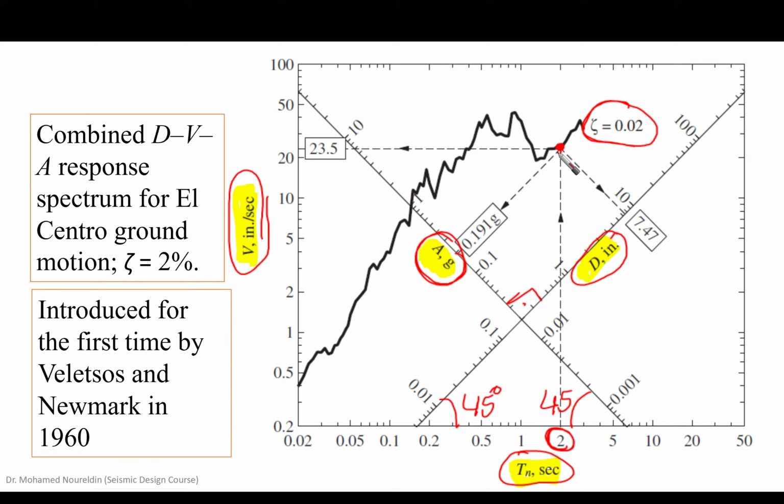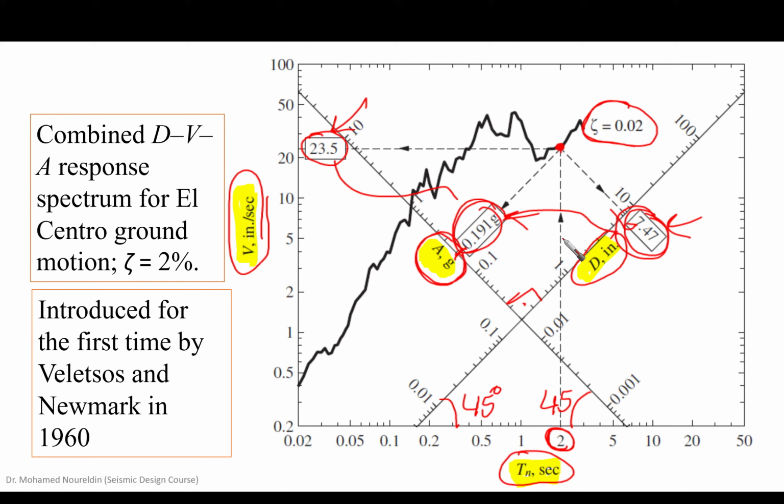The first is the deformation: 7.47 on the D scale. On the A scale, the acceleration scale, this value is 0.191. And on the velocity scale, this value is 23.5. So it gave us 3 different values: the maximum deformation, the pseudo acceleration, and the pseudo velocity.